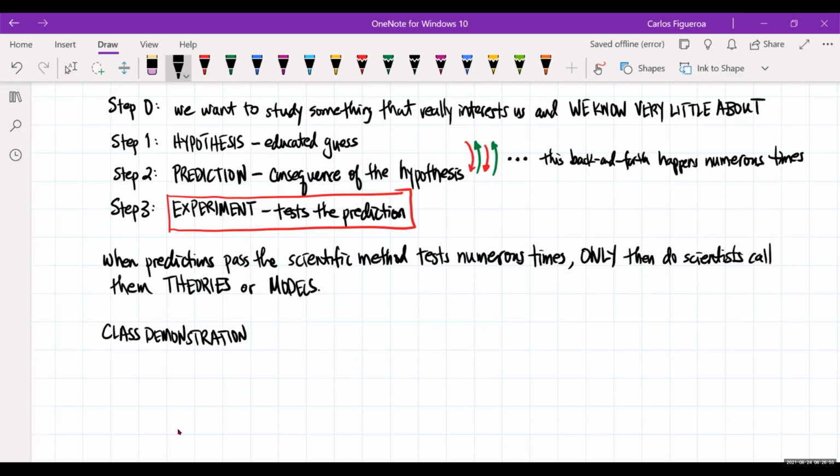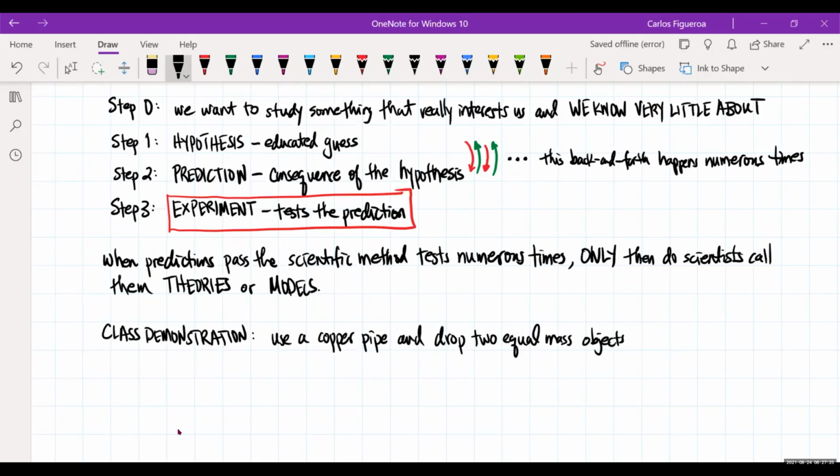In this class demonstration, we use a copper pipe and drop two equal mass objects.